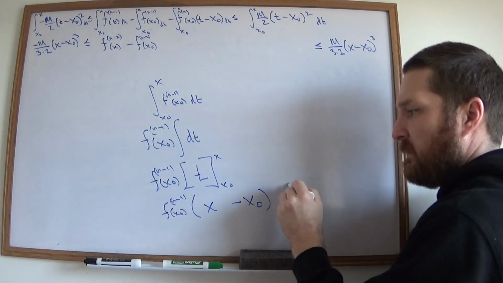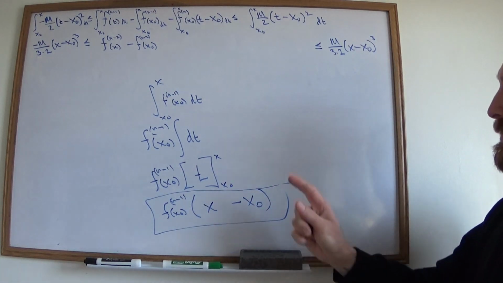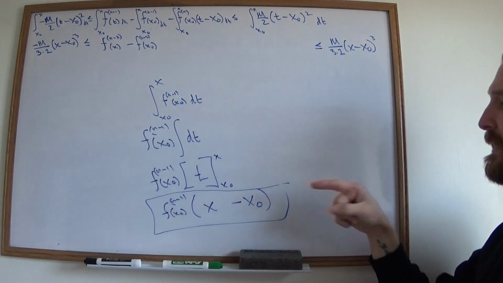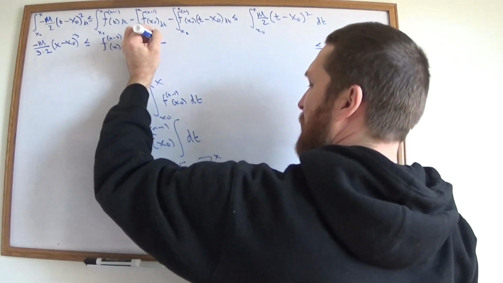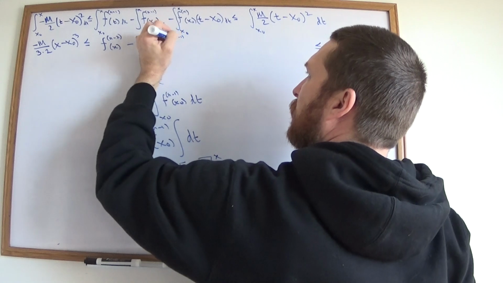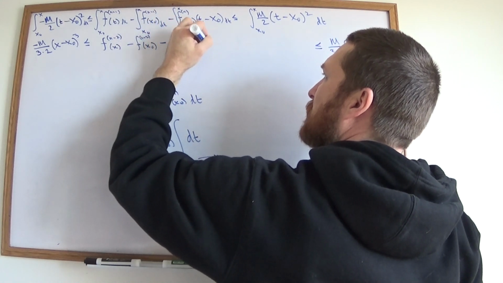So that works out to just that guy right there. So that's minus this right here. So minus the n minus 1th derivative at x0 times (x minus x0), like that.